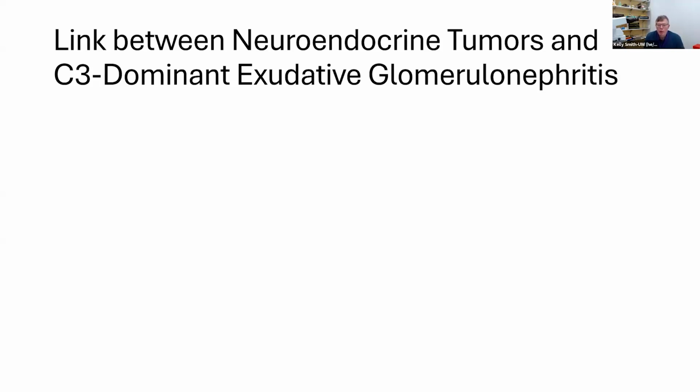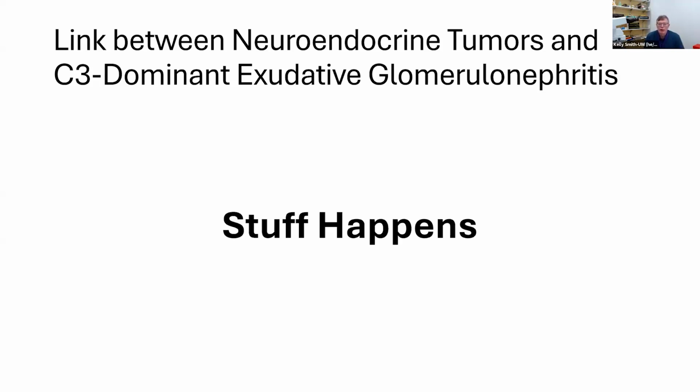And so this was really helpful in this case. And after doing that search, we found that stuff happens. So there's no obvious link between these two things, and I think that's a mystery to be solved at this point.